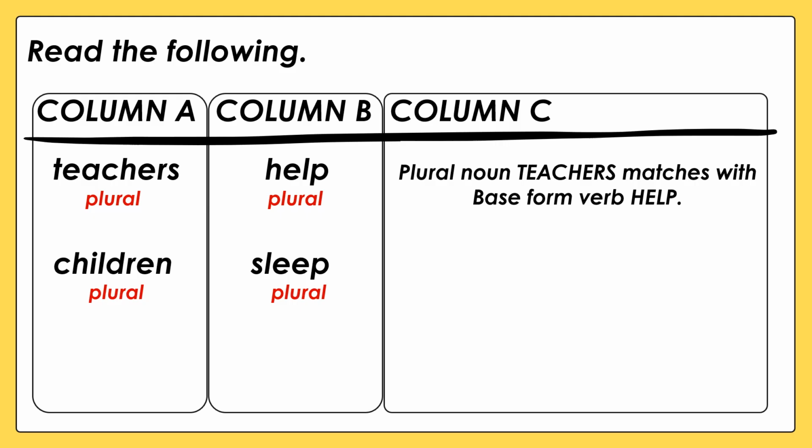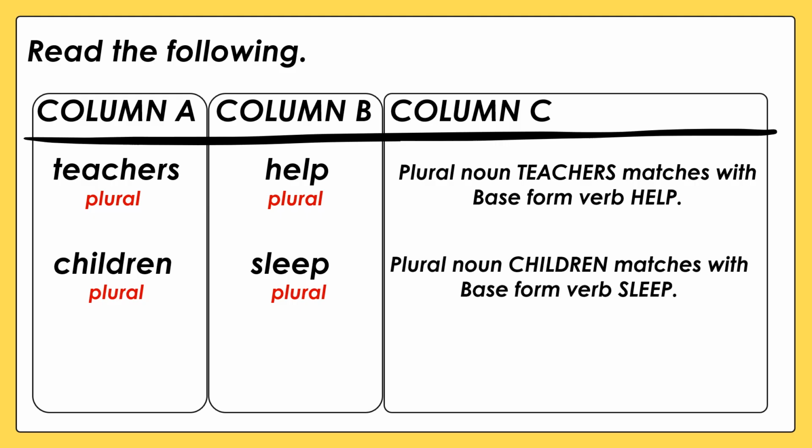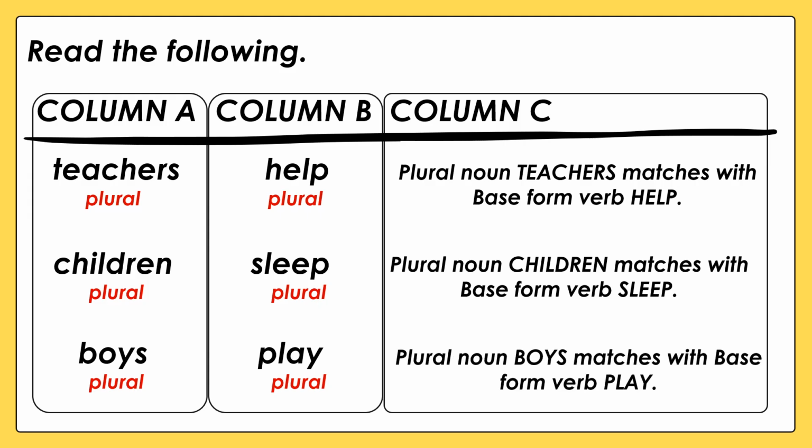Children and sleep are in plural form, which means plural noun children matches with base form verb sleep. The last one, boys play. Boys is plural and play is in plural form also, which means that plural noun boys matches with base form verb play.